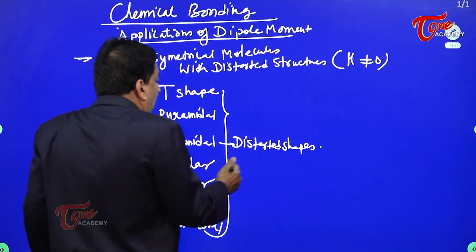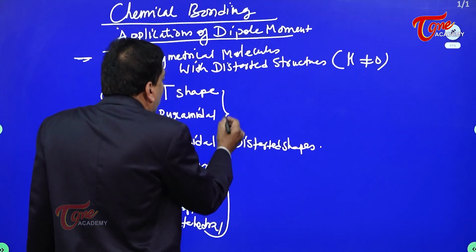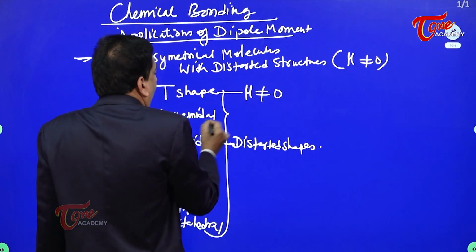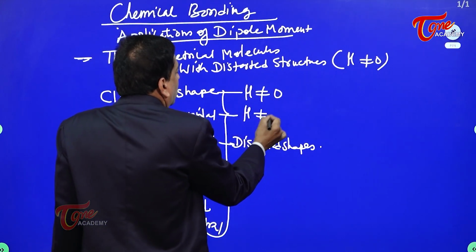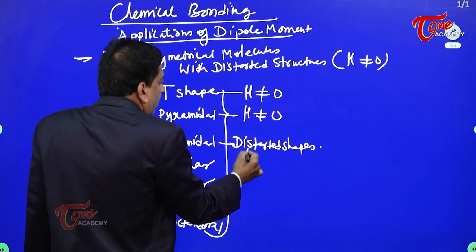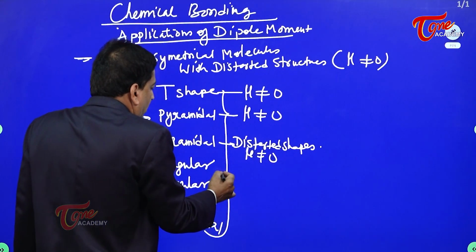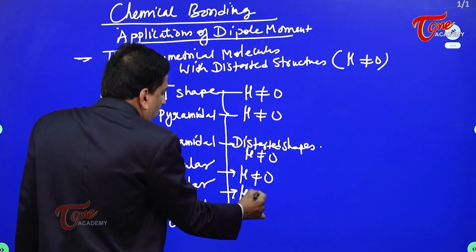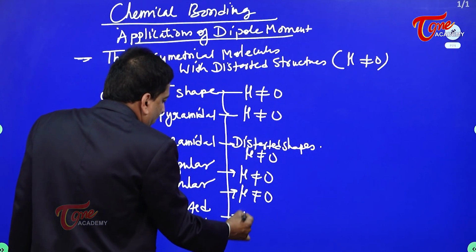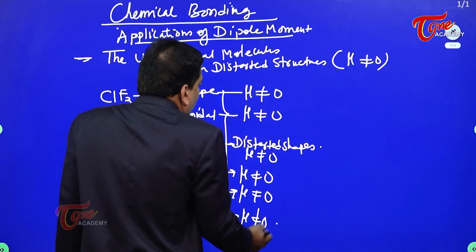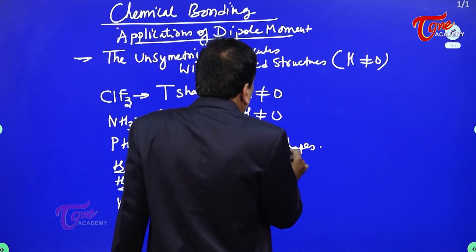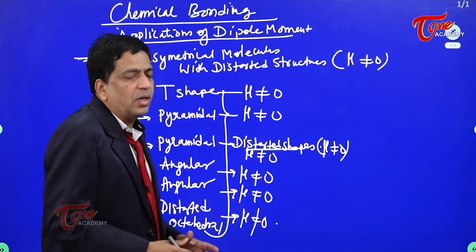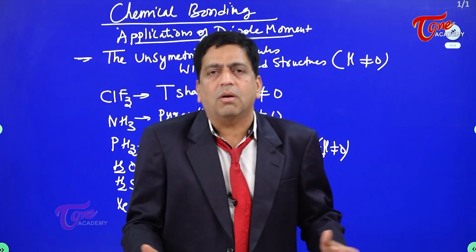And remember, for all these distorted shapes, the mu, the dipole moment, is not equal to 0. So in fact, I can say for all distorted shapes, the mu is basically not equal to 0. You must understand.